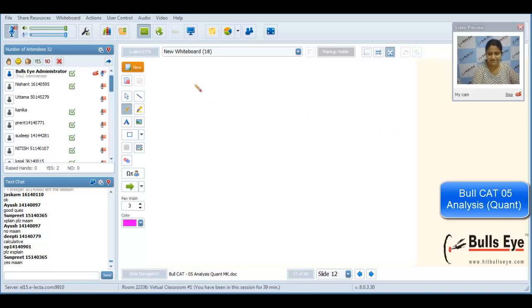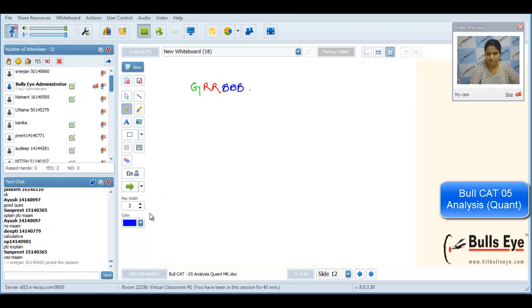If he first places 1 green ball, then he is placing 2 red balls, then 3 blue balls, then 4 yellow balls, then again he is placing 5 green balls, then 6 red balls and so on.